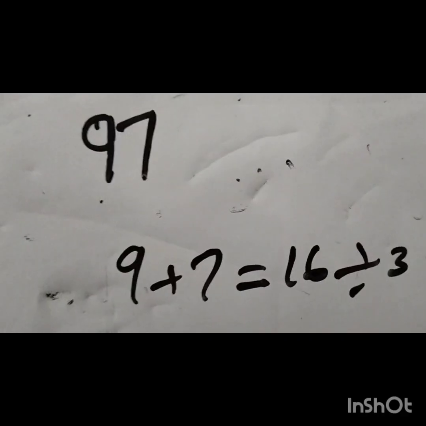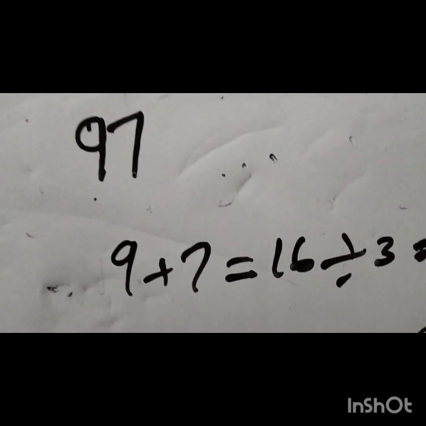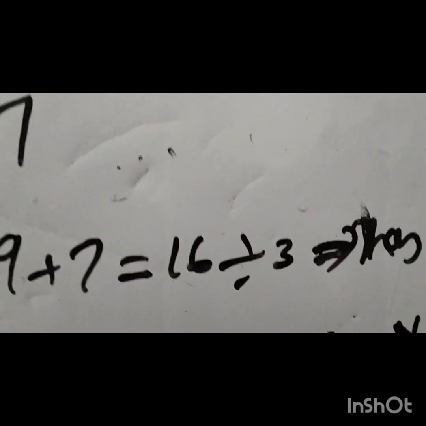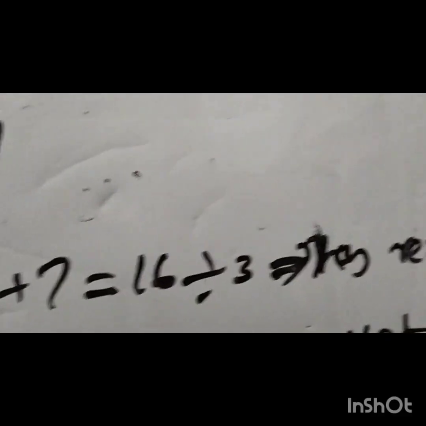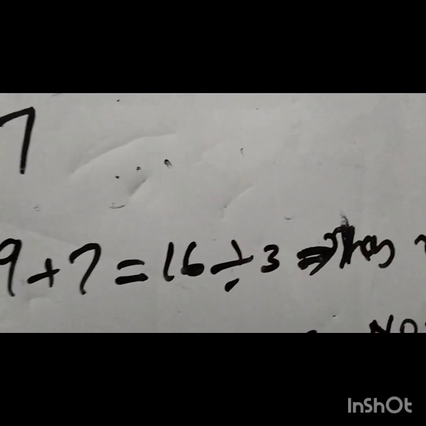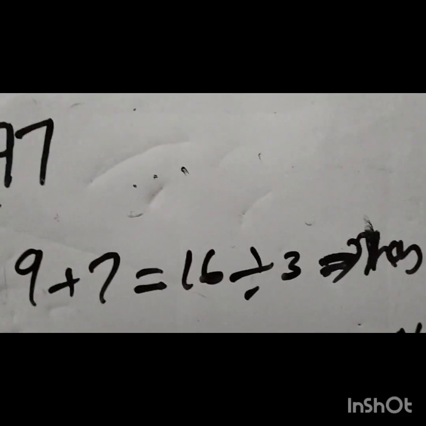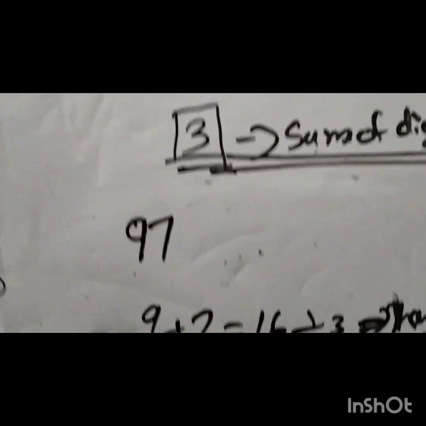Most of us would divide directly, but it is not needed. We have to add the digits. For example, if the question is whether 97 is divisible by 3, there is no need for the direct common division method. 9 plus 7 equals 16. Then 16 divided by 3 gives a remainder, so we can predict that it is not divisible by 3. This is the divisibility rule of 3.